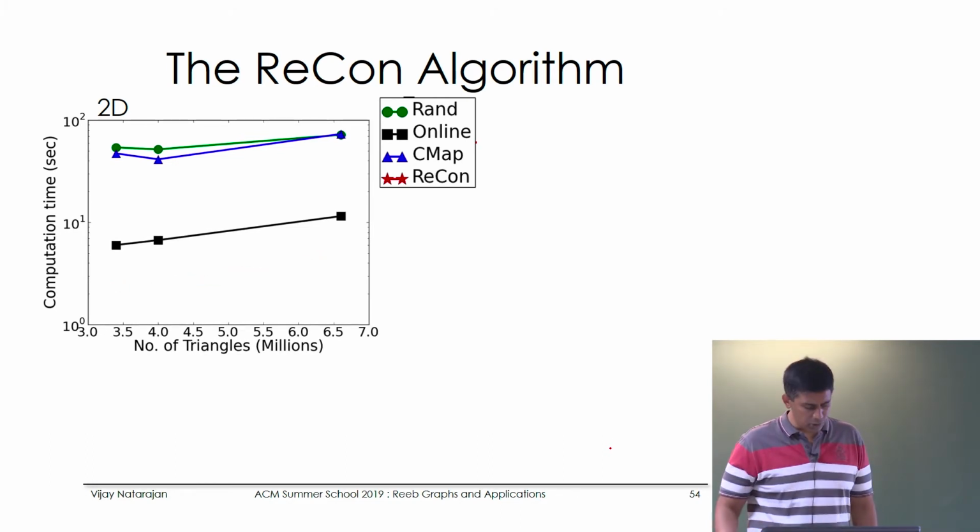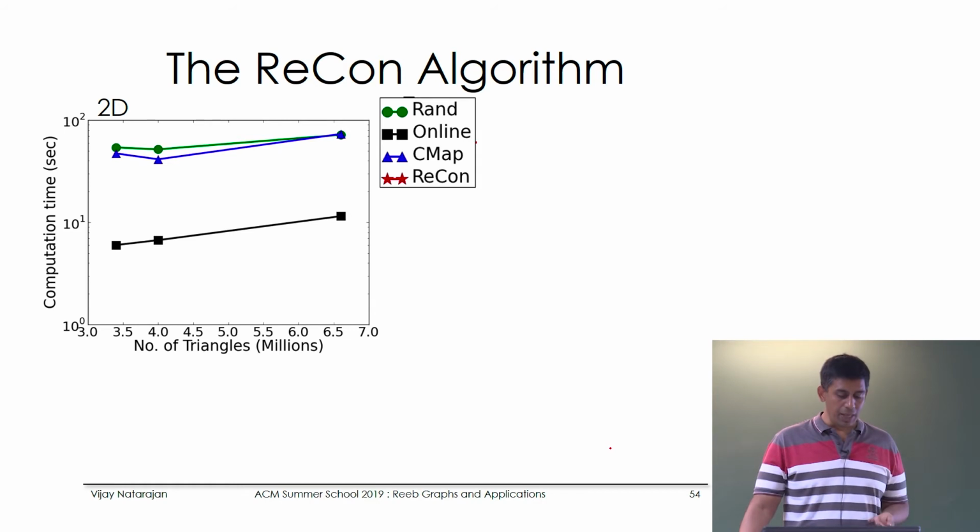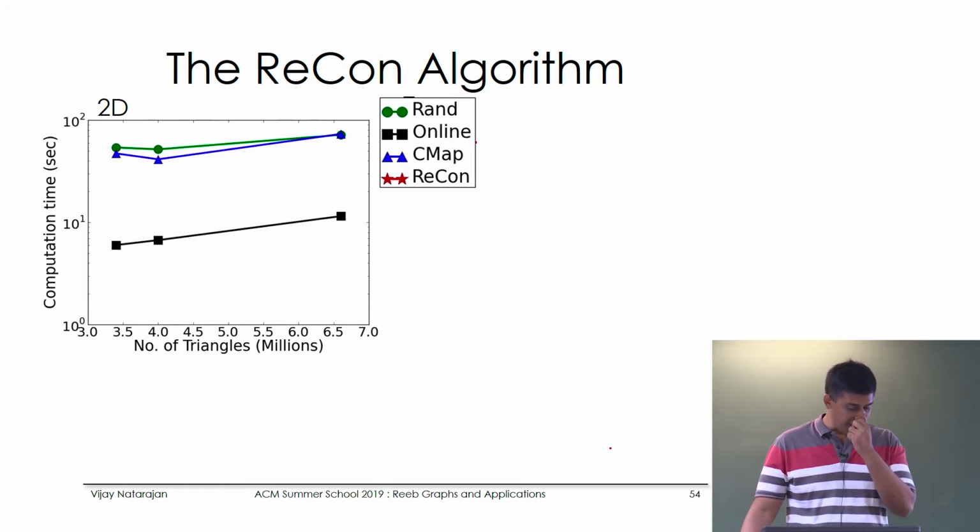So this was actually already an algorithm which is about 7 years old now. But the state of the art at that time, for input with millions of triangles, took at least about 100 seconds, as you can see here.